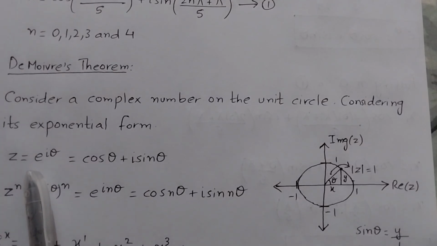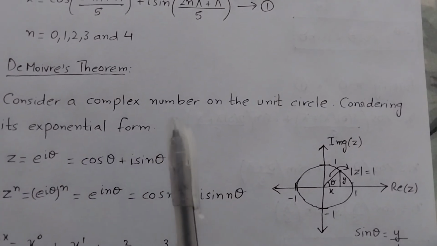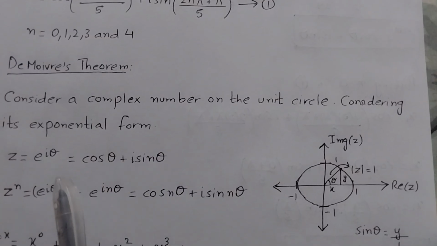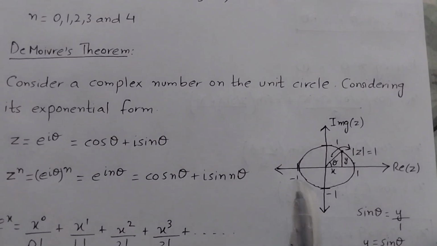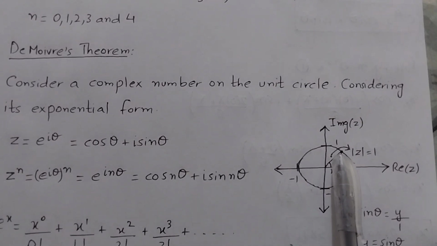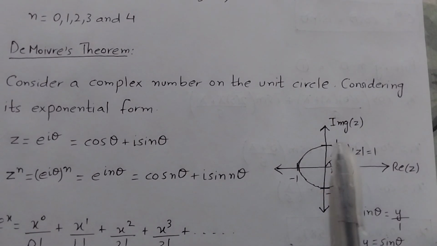Here theta is the angle which the complex number makes with the positive x-axis, and r is your modulus. Here r is not present because I've considered a complex number which is on a unit circle, and unit circle means that it has radius 1. So this is the complex number z, and it is on the unit circle.